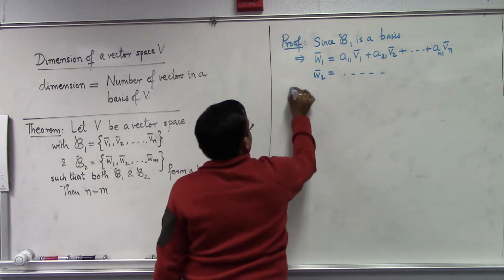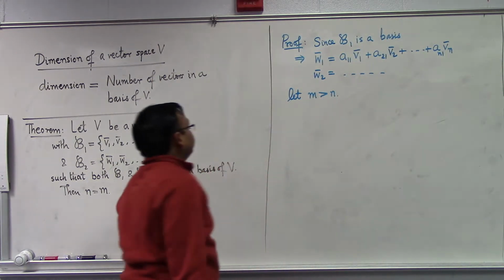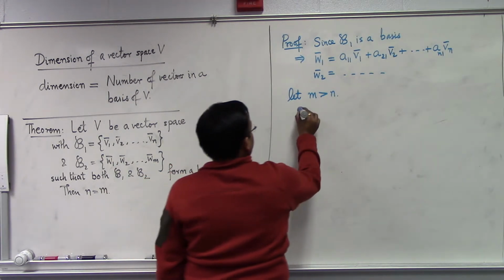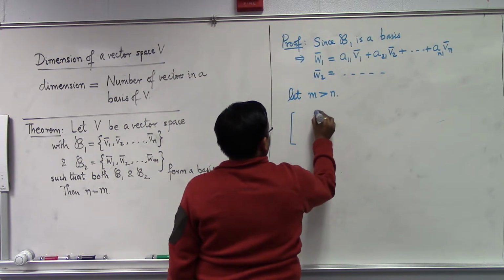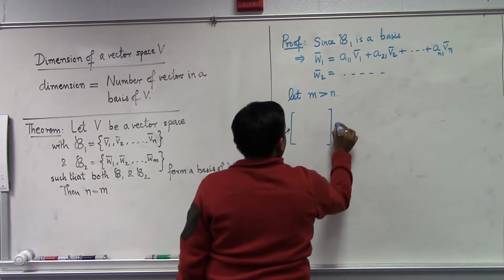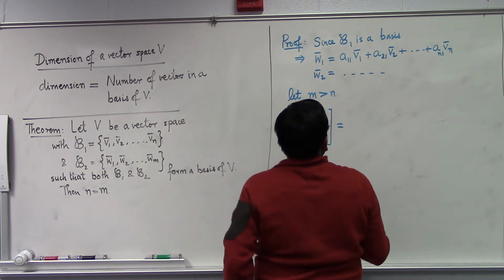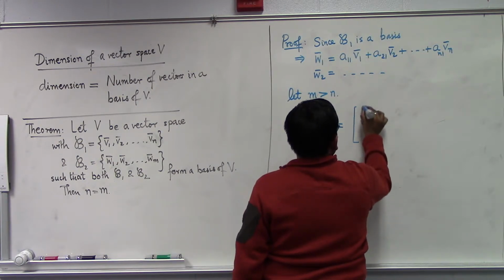Now, let us assume that M is bigger than N. Okay? So in some sense, if I do this, then can I say, let me try it and see if I can make it work. So here's my vector V1.